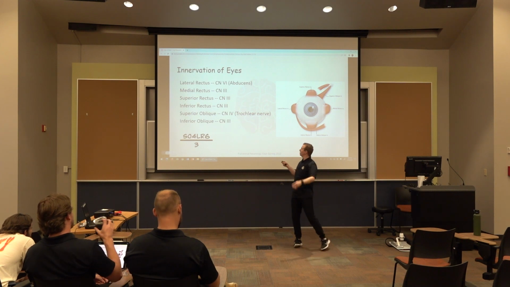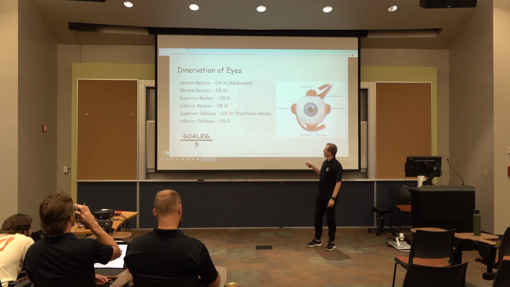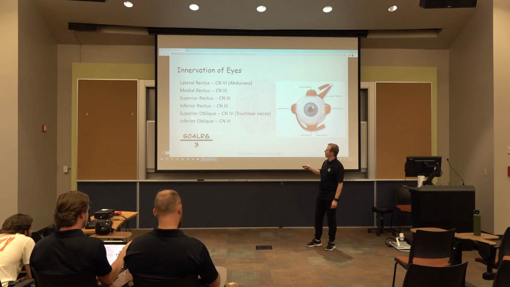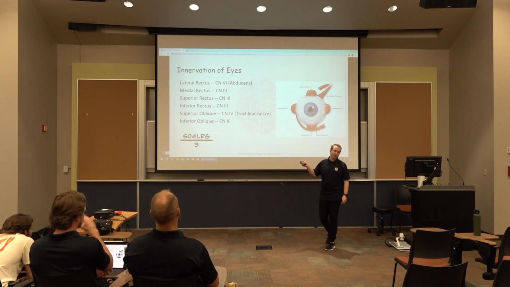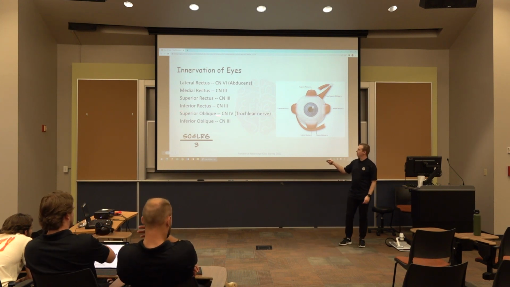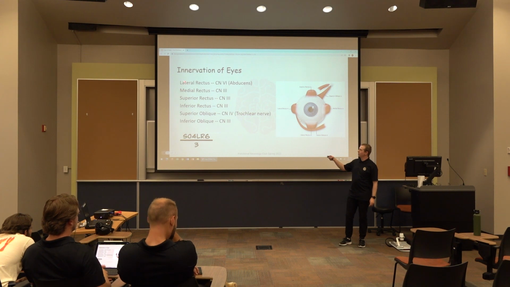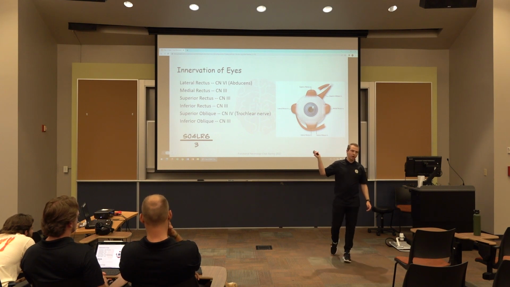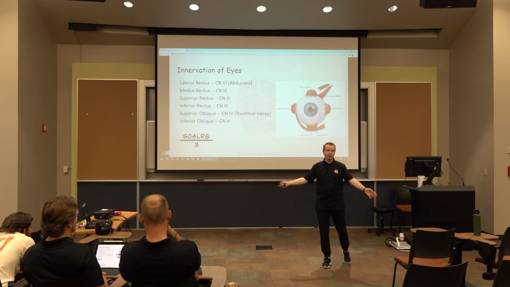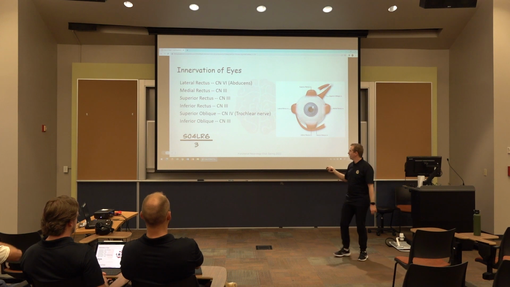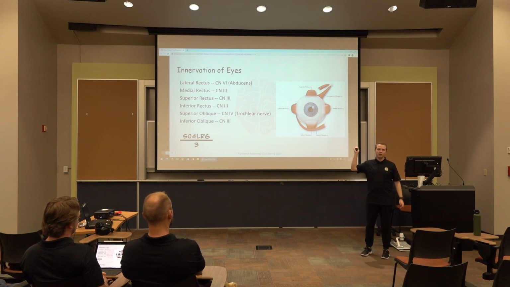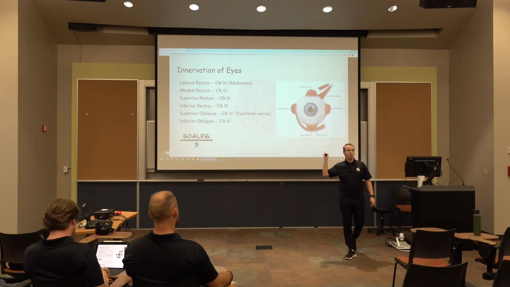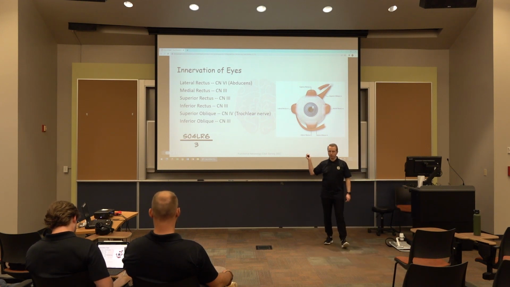Cranial nerve 4, the trochlear nerve, is only going to innervate the superior oblique, and that is all this nerve is going to do. Cranial nerve 6 will innervate the lateral rectus, and that is all it's going to do. Everything else will be cranial nerve 3. Oculomotor will handle everything else, including the eyelid muscle, the levator palpebrae superioris that we saw earlier, if I'm not mistaken.